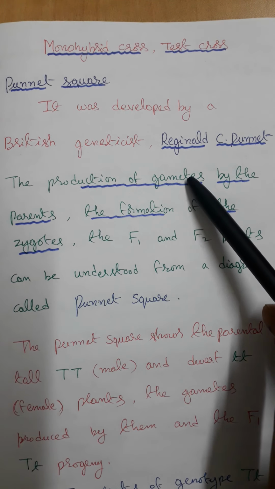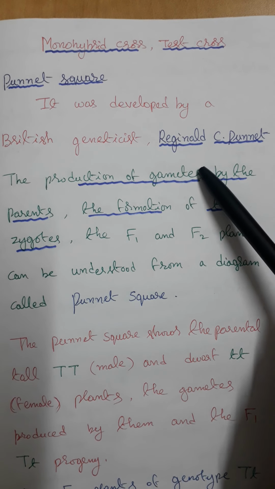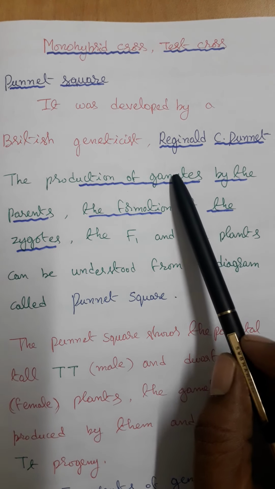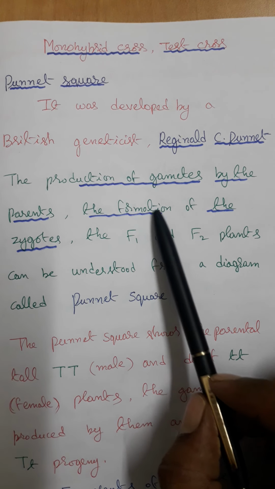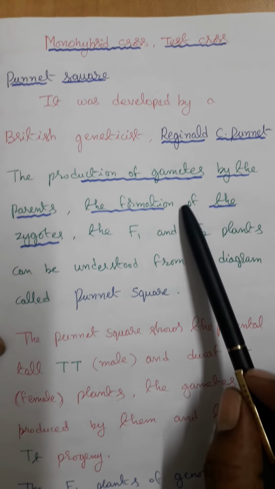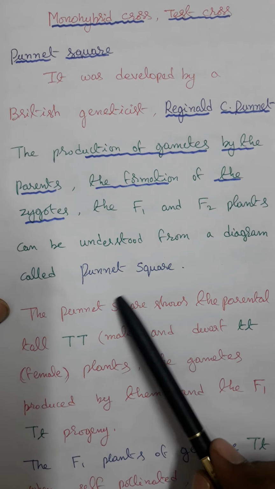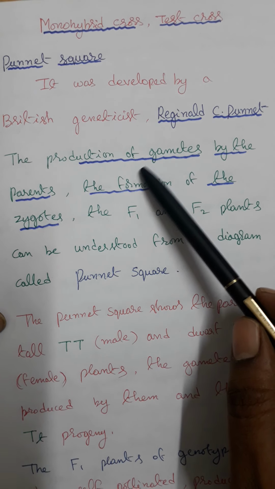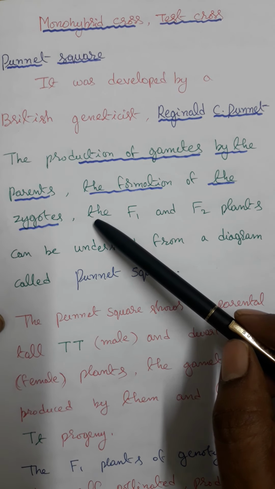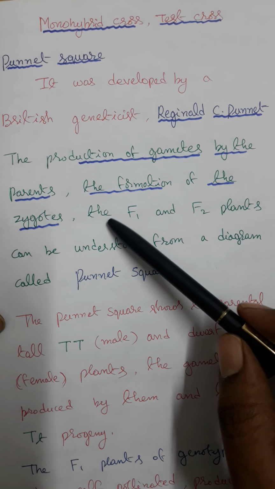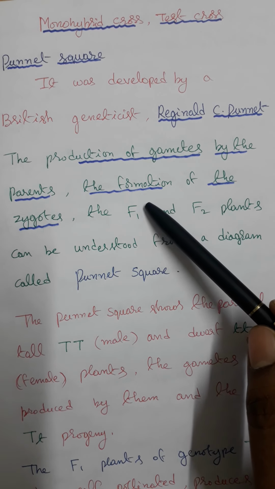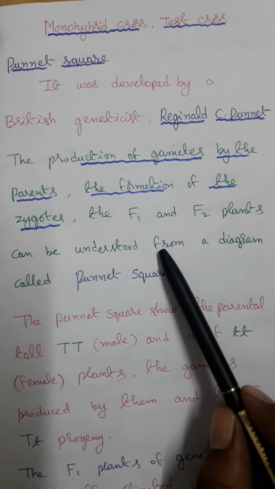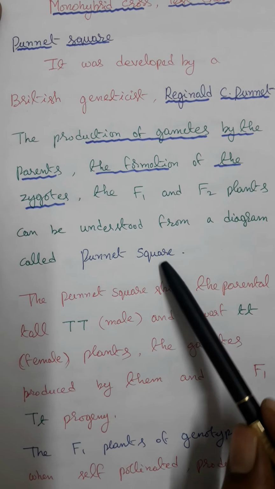That must be remembered, important from the objective point of view. Who proposed the Punnett square? Reginald C. Punnett. The Punnett square is also known as the checkerboard. So the Punnett square or checkerboard gives information about the production of gametes by the parents, the formation of the zygotes, the union of the gametes, and also the genotype of progenies, F1, F2, F3 or F4.